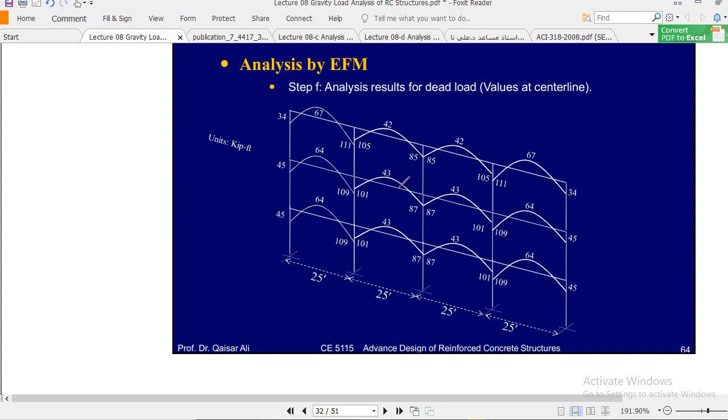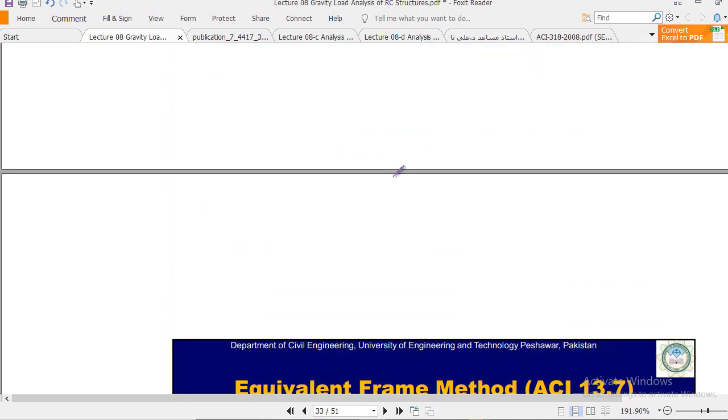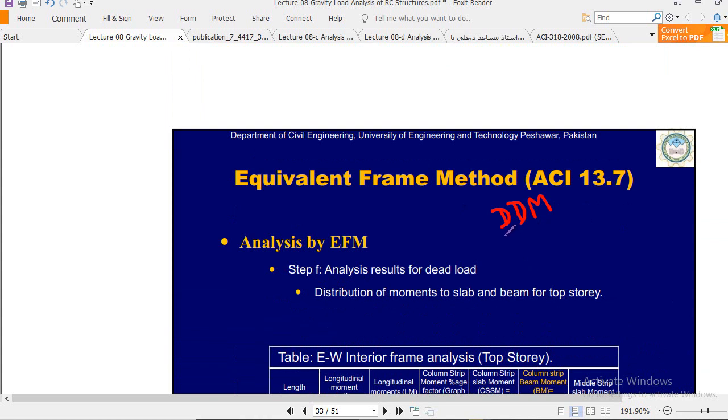After that, we use the moment distribution table, and by using it we got these moments. Now, after getting these moments, we have to use the DDM method again. To understand the equivalent frame method thoroughly, you must know about the DDM.